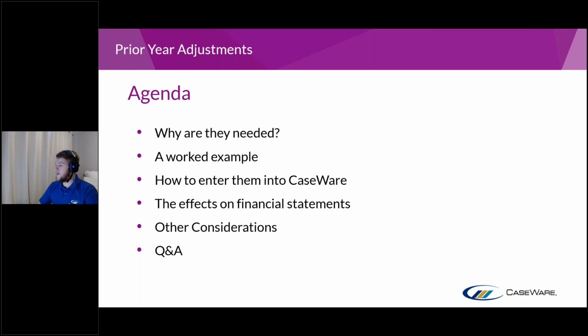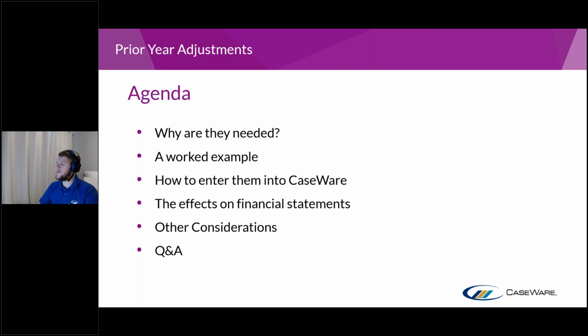We'll then jump into CaseWare and make the entries that we need to make in there, show you the effects on the financial statements. So we're going to be looking at the tangible fixed assets note as well. I'm going to also show you the stocks note to show you the differences between those two. And then just some other considerations and the Q&A at the end.